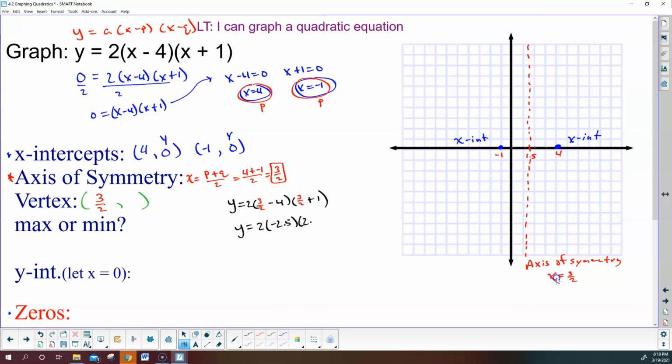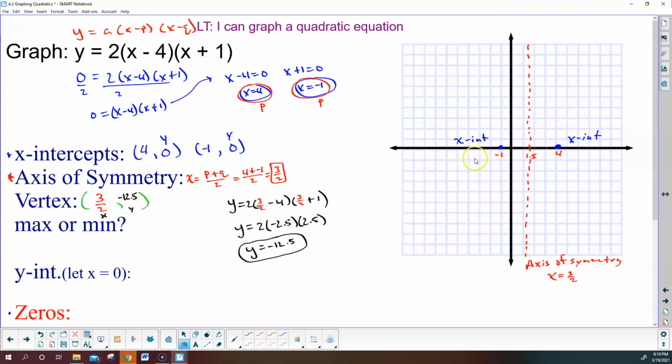And then here I get +2.5. And then when I multiply those together, we end up with, I think it's -12.5. And there's my y value. So I now know the x and y value of this vertex.